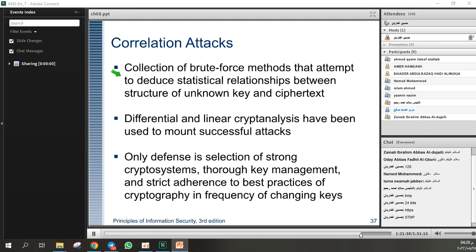Another attack on crypto systems is correlation attacks. Correlation attacks means that by statistical analysis, we can find some correlations and relationships between the letters and between the words in a text. For example, in English, we know that "the" is used multiple times in the text.